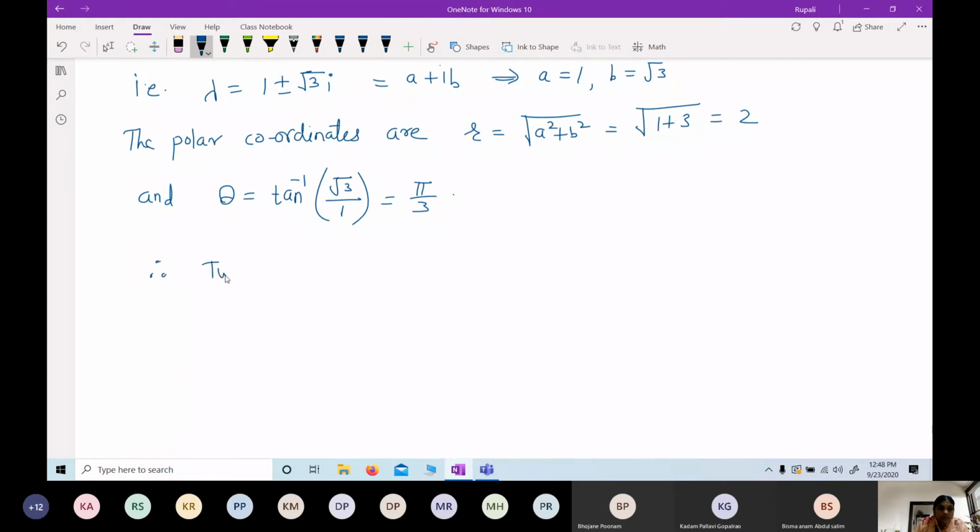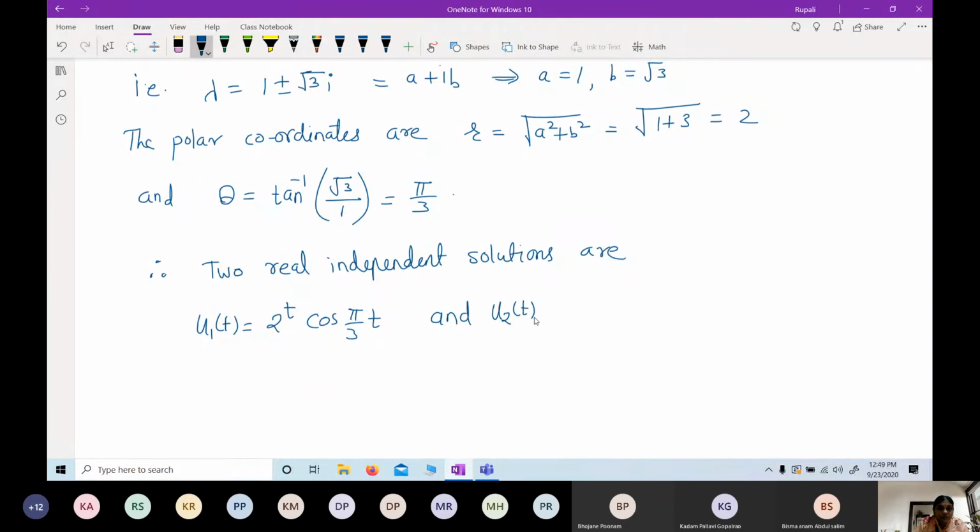So once we get r and theta, what are the two real solutions? Therefore, two real independent solutions are given by u1 of t equal to 2 raised to t cos of pi by 3 t, and u2 of t equal to 2 raised to t sin of pi by 3 t.